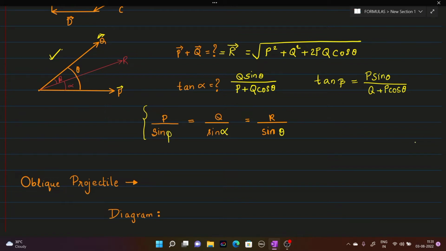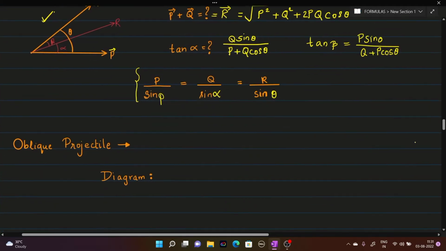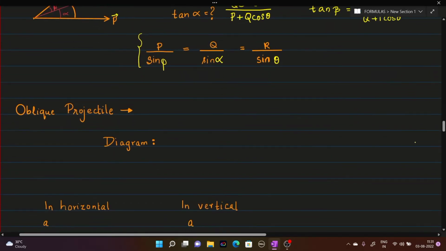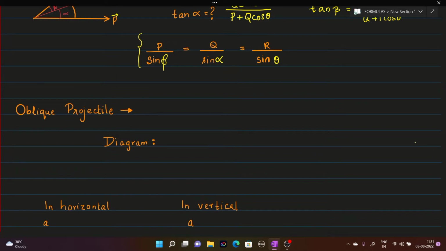After that comes oblique projectile. Oblique projectile means when an object is thrown from the surface in this manner, it is thrown with an initial velocity. Suppose we consider it as u.